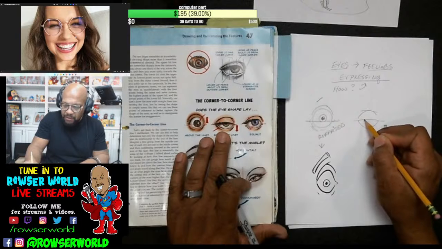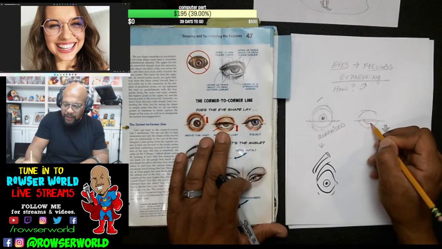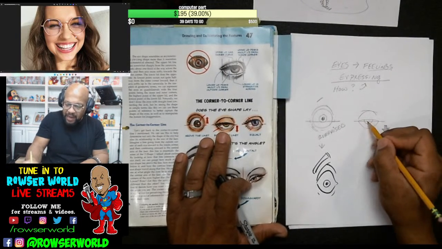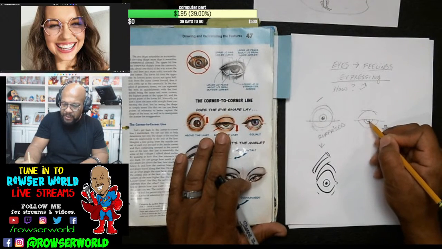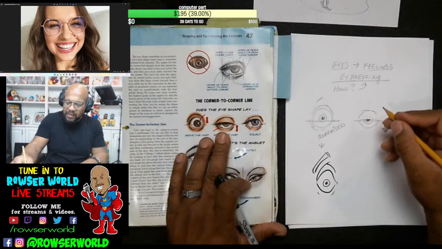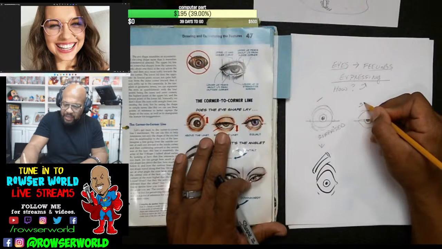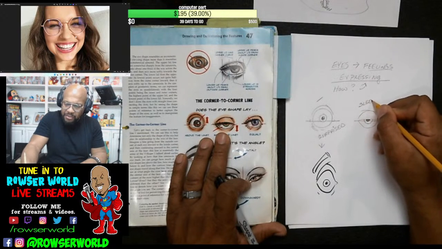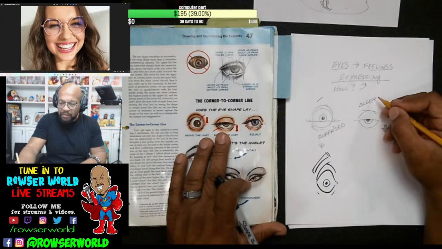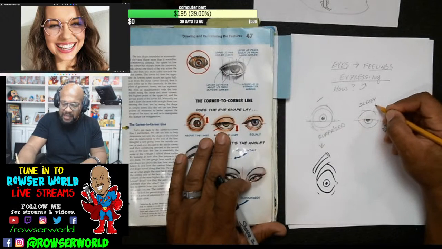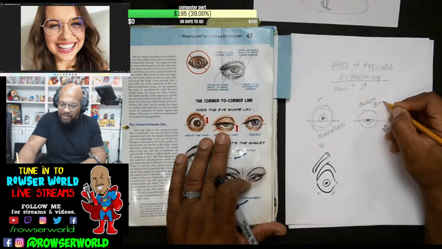So it would have a half of a circle here, okay? And then a half of a circle here, right? So you can see that this person in this situation would look sleepy or drowsy, right? But they can also look very, if you think about these eyes, a lot of people say, oh, she has sexy eyes, or they have sexy eyes.